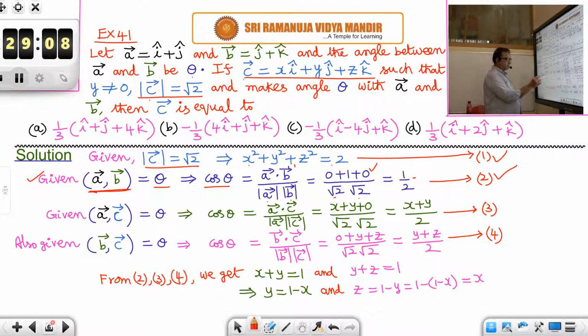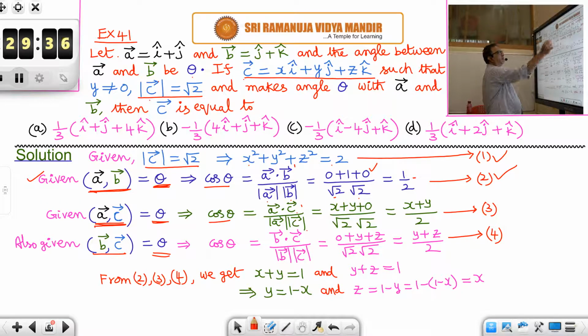Therefore, c bar, a bar angle is theta, c bar, b bar angle is also theta. These two are given in the problem. So again same angle theta, whatever is between a bar and b bar, same angle is there here also. So again same cos theta you will get, but here it is now a bar c bar, so a bar dot c bar by mod a mod c.